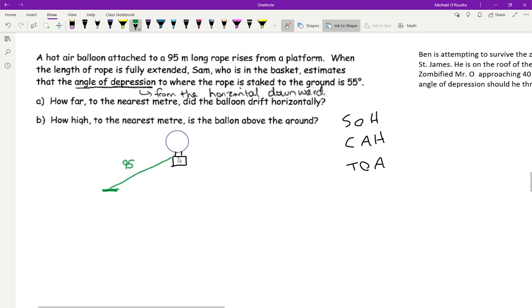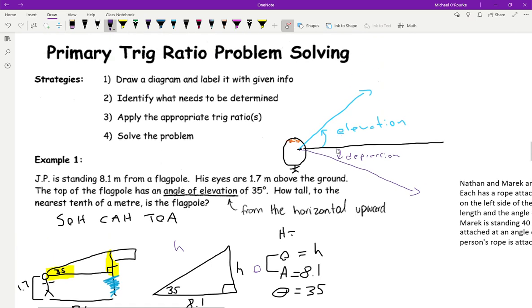So you have to remember, Sam's in here. So his line of sight is straight out this way. Okay? So when we talked about angle of depression up here, we talked about it's from the line of sight.